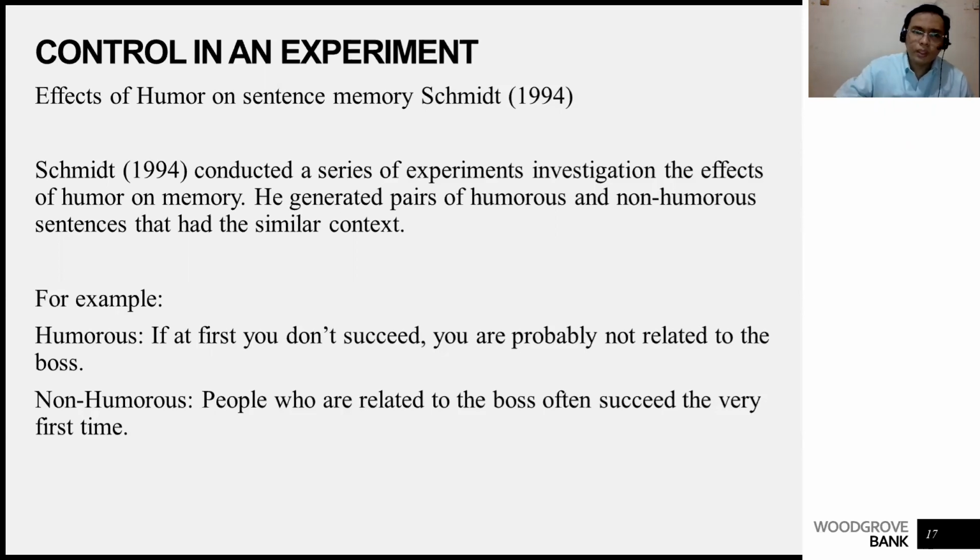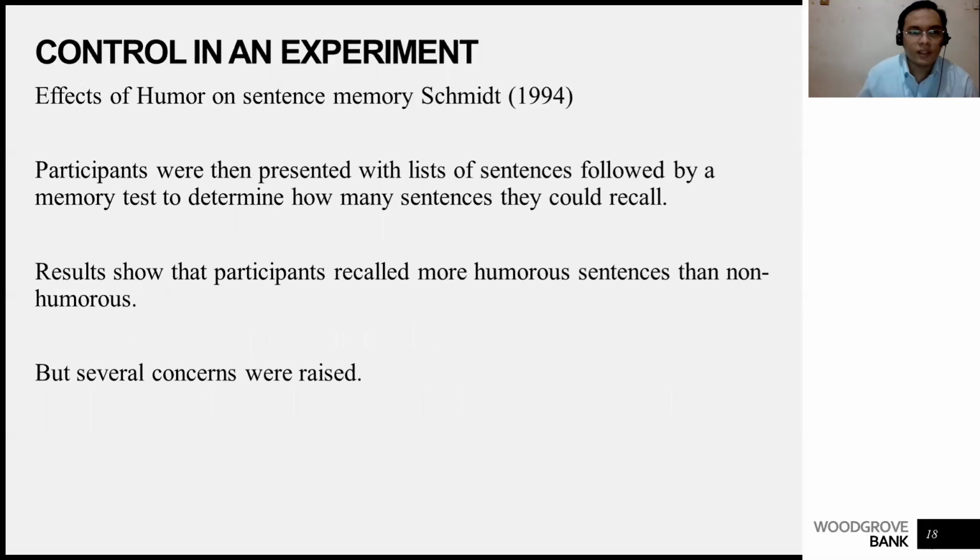In his experiment, the control of the variables can be seen in the participants and in the stimulus. The experiment goes by having the participants presented with different lists of sentences, followed by a memory test to determine how many sentences they could recall.